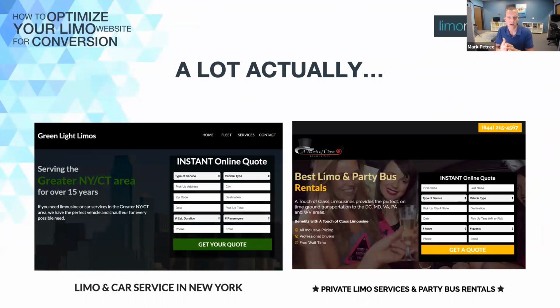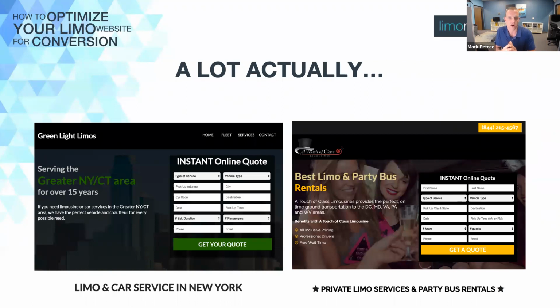You'll see this lady here, she's kind of looking at the form, right? So strangely enough, we don't have the hero shot, and we don't have certain elements that you would think would lead to a really good converting page, but we do have two of the most important elements.